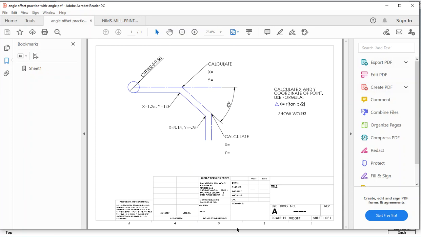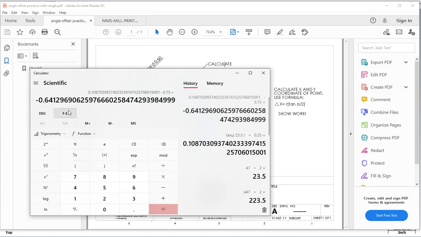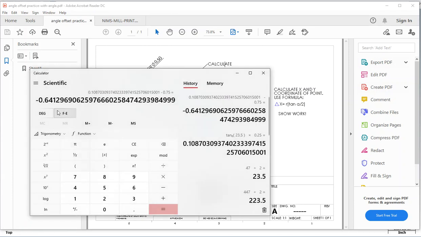So that means 0.1087, and then I put in my minus 0.75 value, minus 0.75 equals minus 0.6413. That is going to be my y coordinate for that corner.